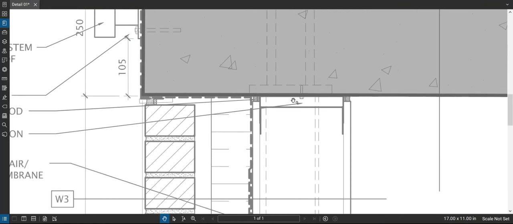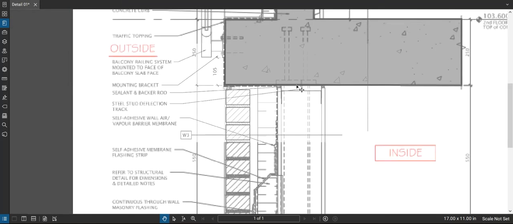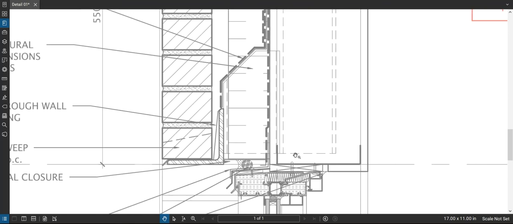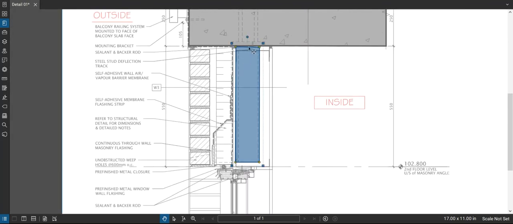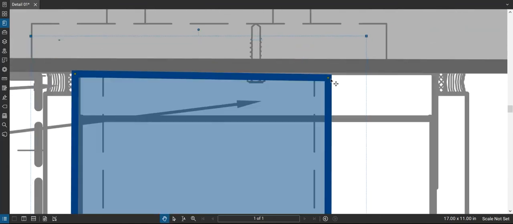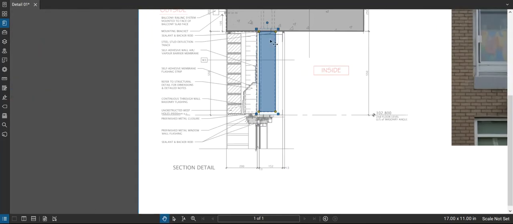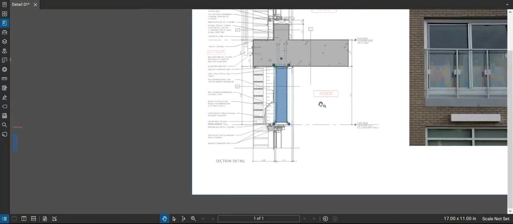And then there's a steel HSS tube probably welded to that plate and extending down to this point right here. I've highlighted that in blue. So that would be a steel HSS tube welded to a plate hanging down from the concrete structure there.